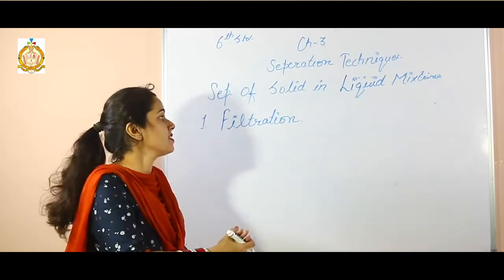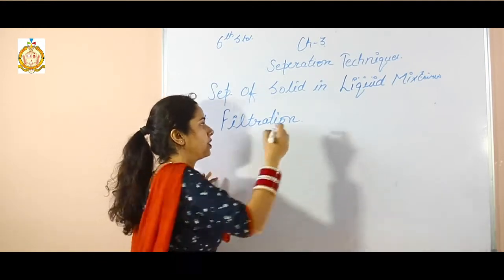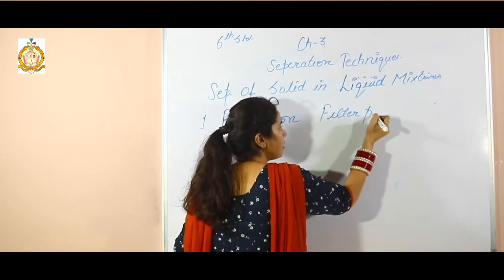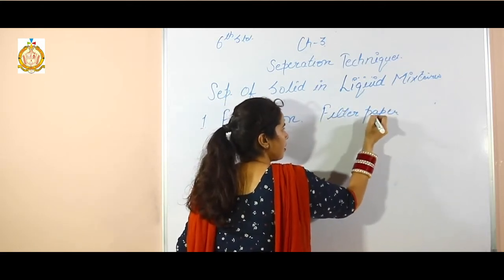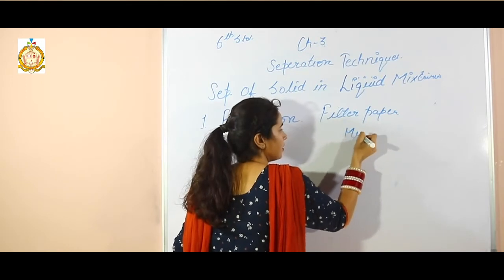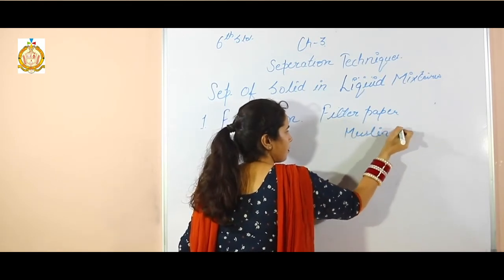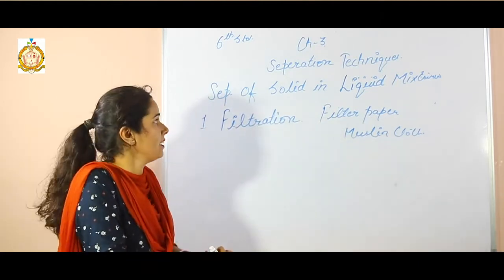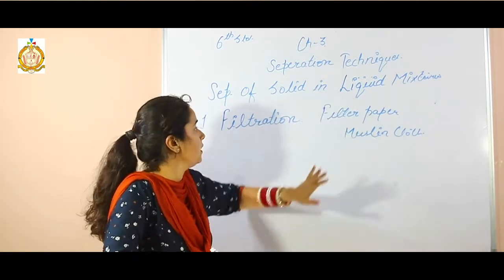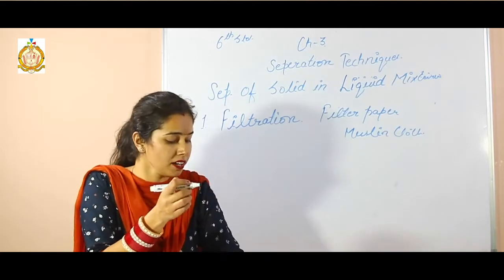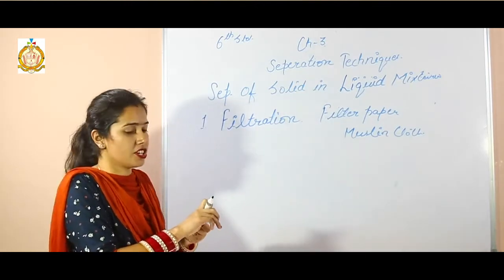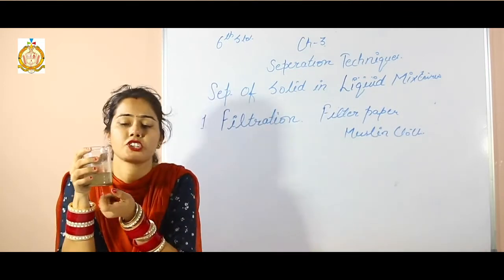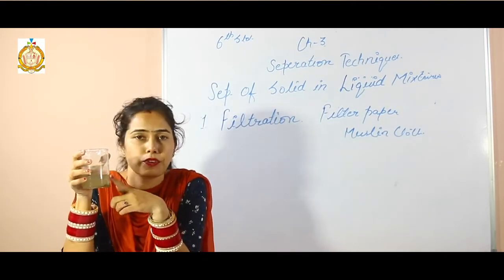Filtration is done with the help of filter paper or muslin cloth. Here the insoluble material is separated from the liquid mixture. For example, here is a mixture of sand and water.